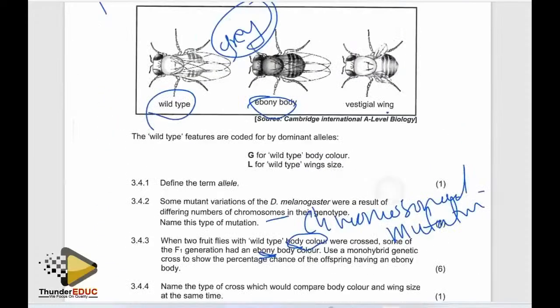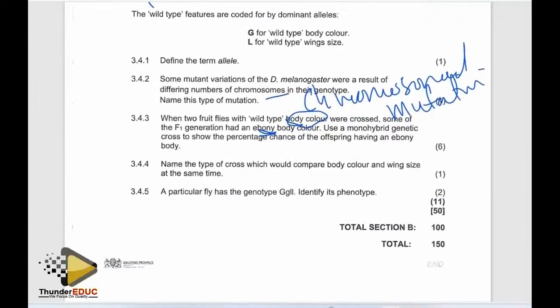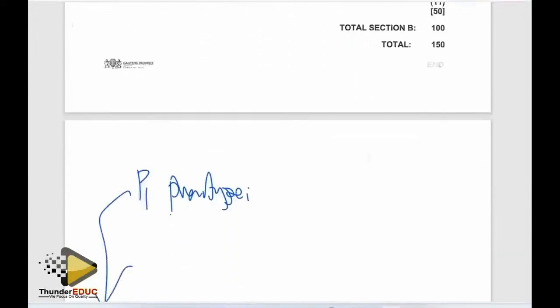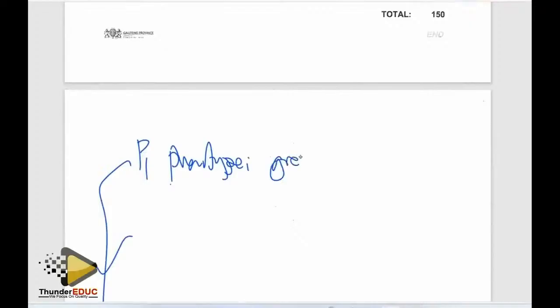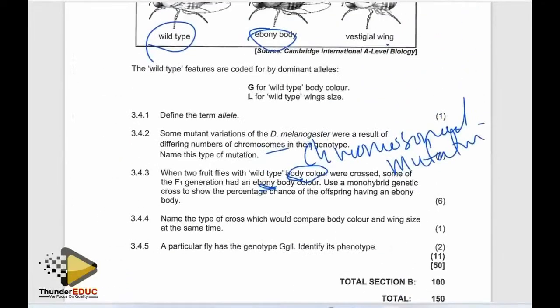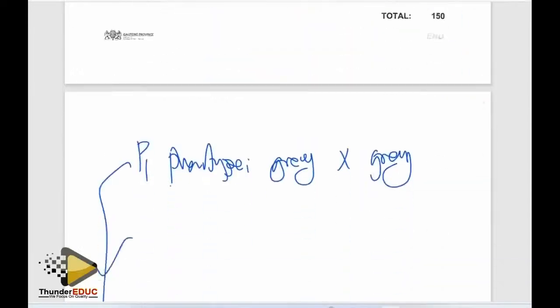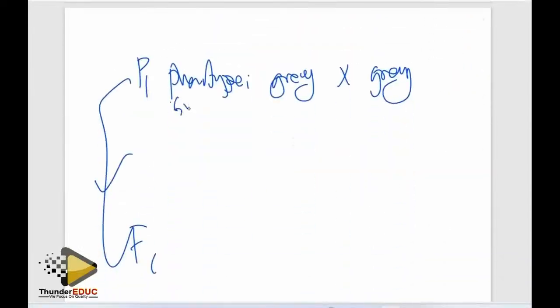We get it from the question: it's wild type, which is gray color of the Drosophila melanogaster, because they said two fruit flies of wild type. Then we go to genotype.